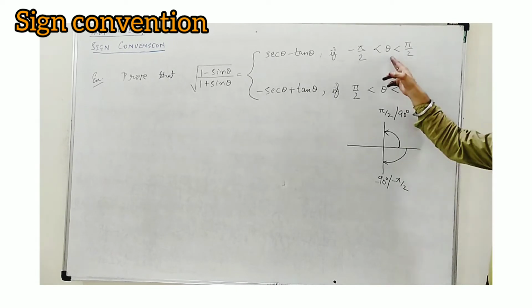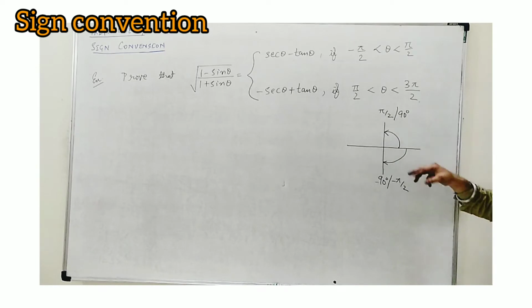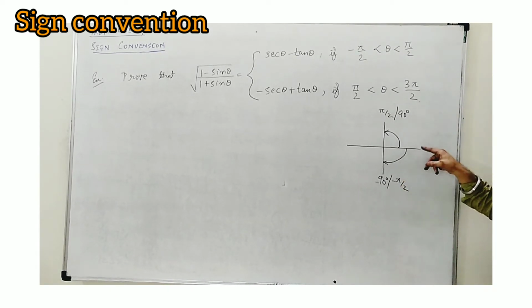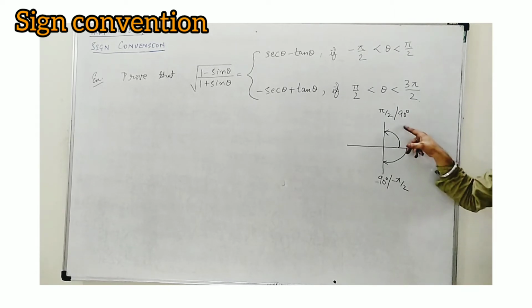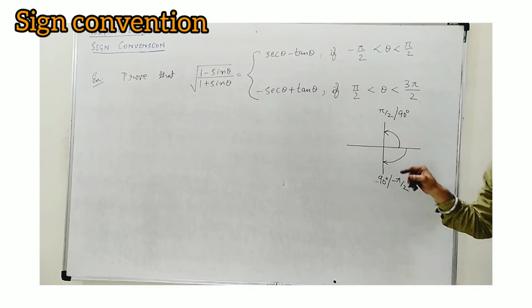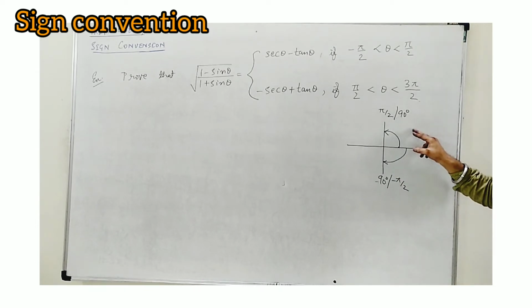Now, what is the sense of theta lies between minus pi by 2 and pi by 2? Means theta lies either in this quadrant, fourth quadrant, or theta lies in first quadrant. It means if it has traveled from minus 90 to 90, it shows that theta lies either in this fourth quadrant or first quadrant.